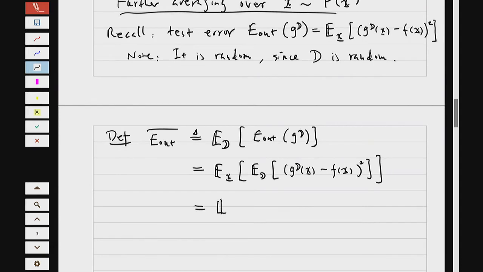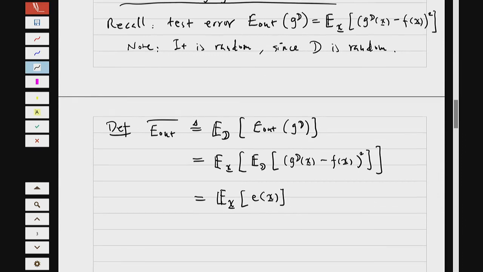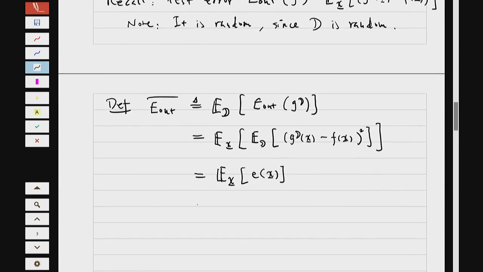But do you recognize what's inside the E of x? What is this ED of this one? This is just our per sample error, E of x, as we defined at the beginning. And we know that this is equal to bias plus variance. So this is equal to Ex of the bias of x plus Ex of the variance of x.